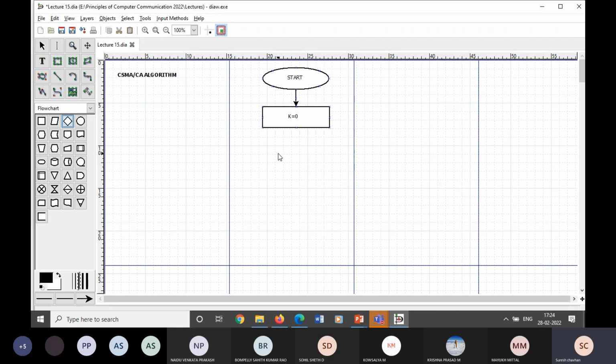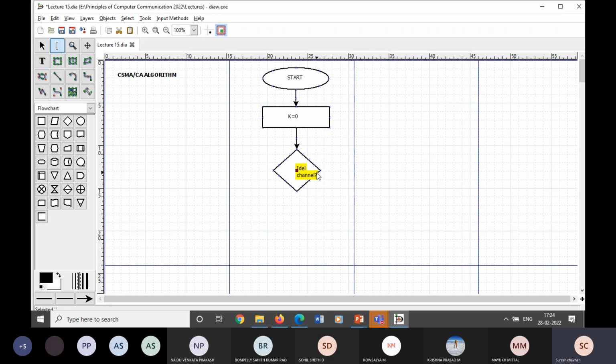So we have one condition block here, for the first transmission. Whenever we detect the channel, we check whether the channel is idle or not.